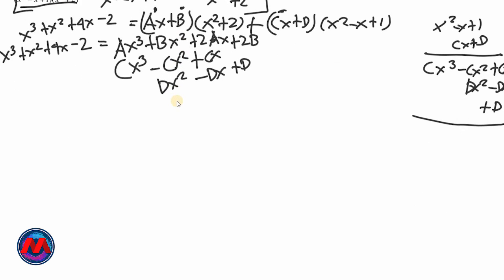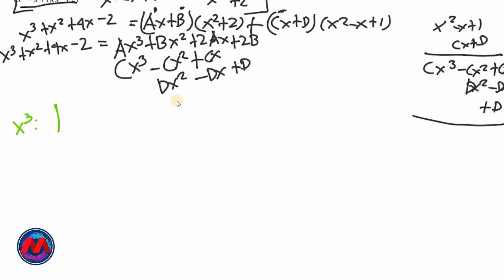Alright? Yun. So, isosolve na natin ngayon yung values ng A, B, C, and D using systems of equations. Alright. So, yun. Hahanapin natin ngayon kung ano yung mga coefficients ng x cube sa buong equation na to. So, coefficients ng x cube is 1.